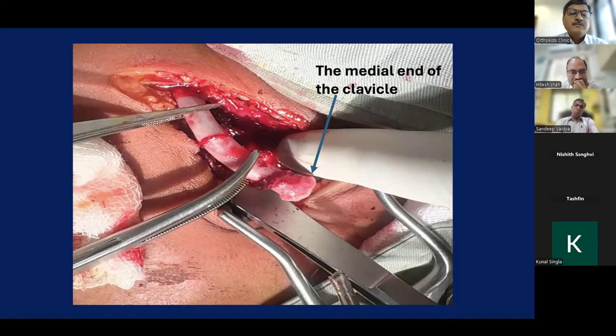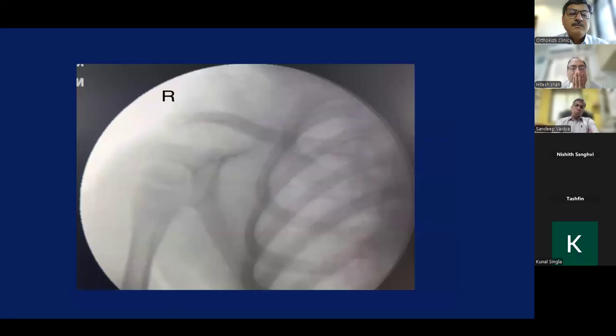And after fixation, we confirmed the stability through the image intensifier. So they have done exactly what Sandeep you said, the suturing of the medial end and sticking the periosteum around, because there's a thick periosteal sleeve, and they didn't put any wire. So yeah, good.